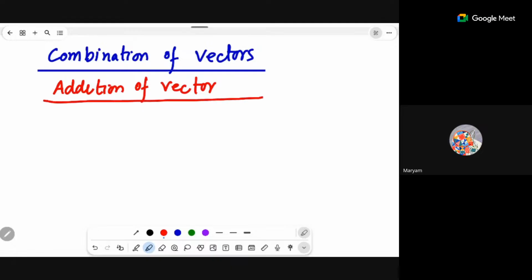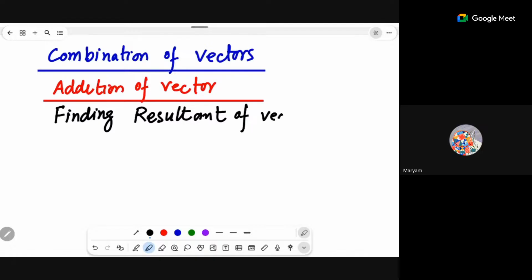But all the time, vectors are not simply added. So that is why I call it finding or determining the resultant of vectors. So let's talk about this topic.